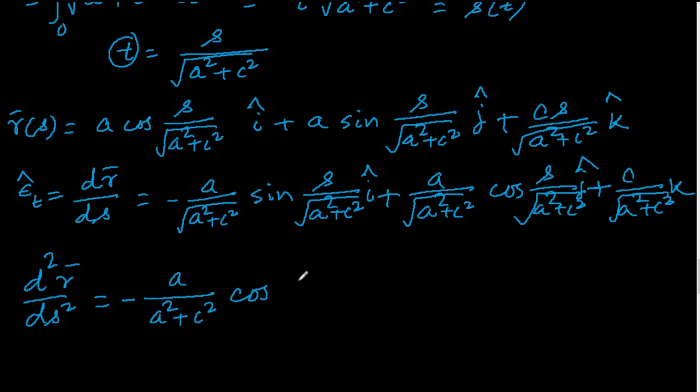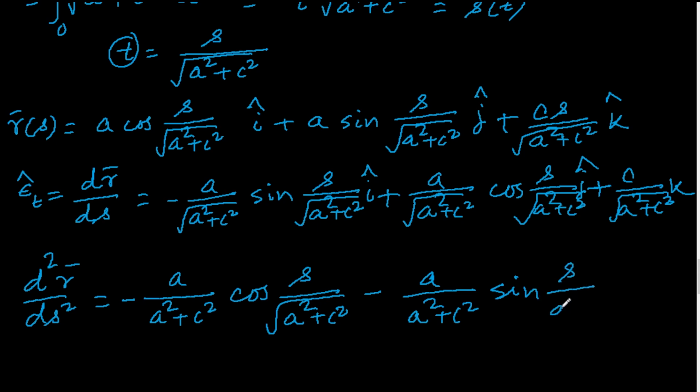Minus a over a squared plus c squared sine of s over a squared plus c squared under root. Fine. So this is, again I'm forgetting i and j, and this is a constant, it doesn't have any s term, so it's 0.